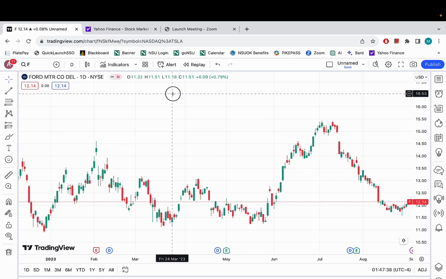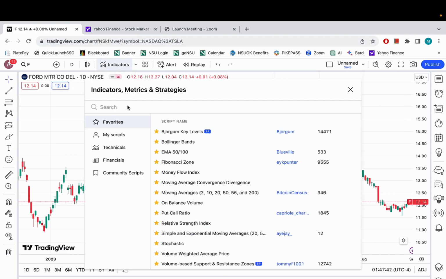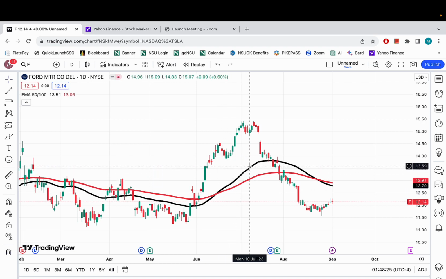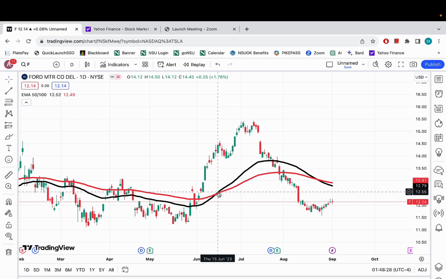Okay, let's go to exponential moving average. You see here these crosses, where this black line crossed on June 14, which means on June 14 this black line, which indicates the 50-period exponential moving average, crosses the 100-period exponential moving average, and many people will consider it as a bullish position, which means they will buy more.